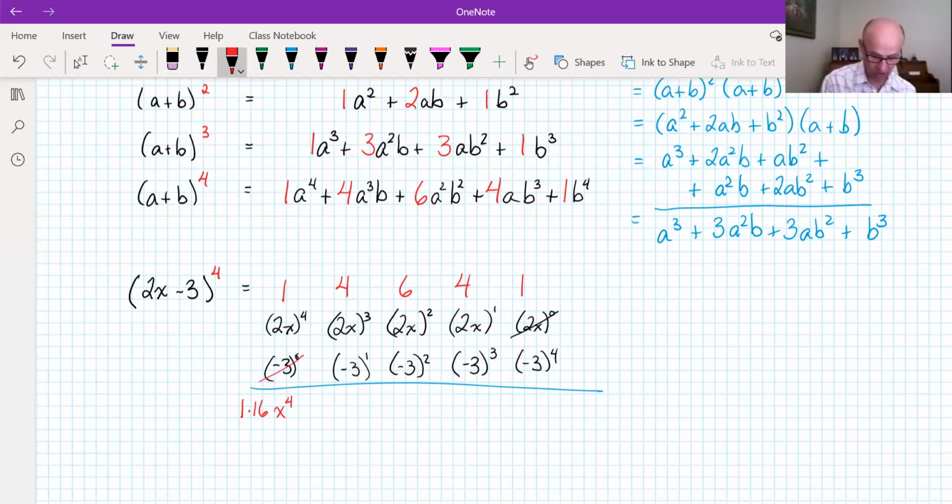My next column, I've got a 4, 2 cubed is 8, negative 3 to the power of 1 is a negative 3, and x cubed is just x cubed. You can already see where spacing is an issue. I'm just going to move this over slightly.